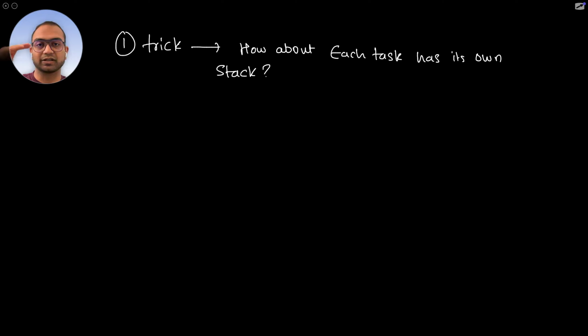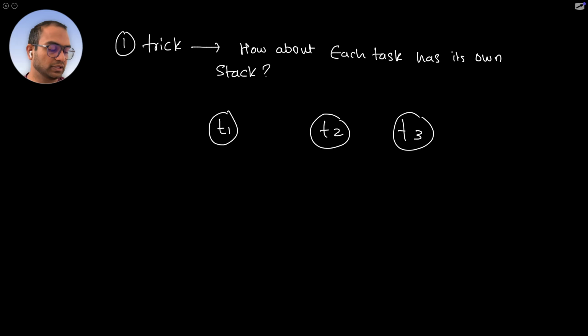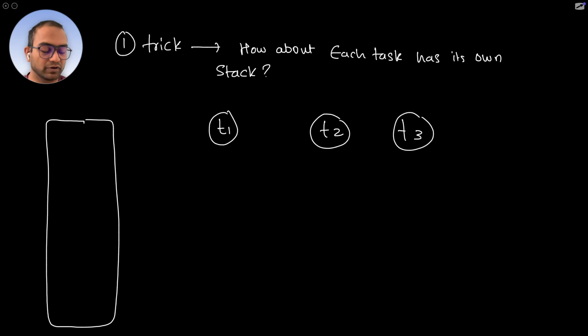It's just treated in a very different way: things go on the top of the stack and are popped from the top of the stack. So then we say, okay, T1, T2, T3, every time the CPU is executing any one of these, from the RAM, the stack pointer is pointing to a different location.